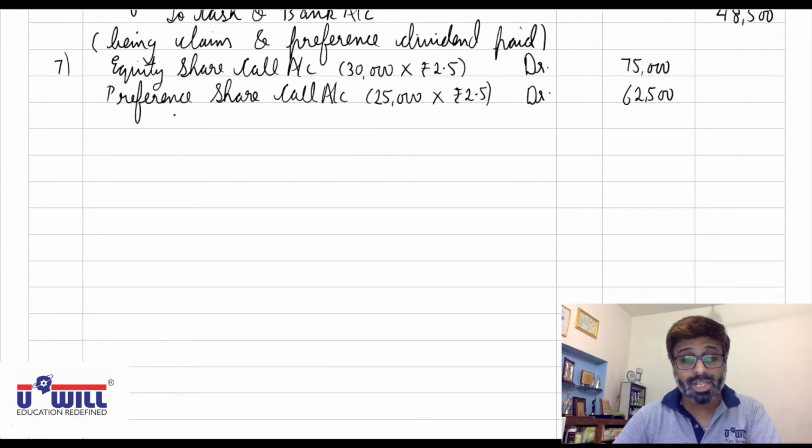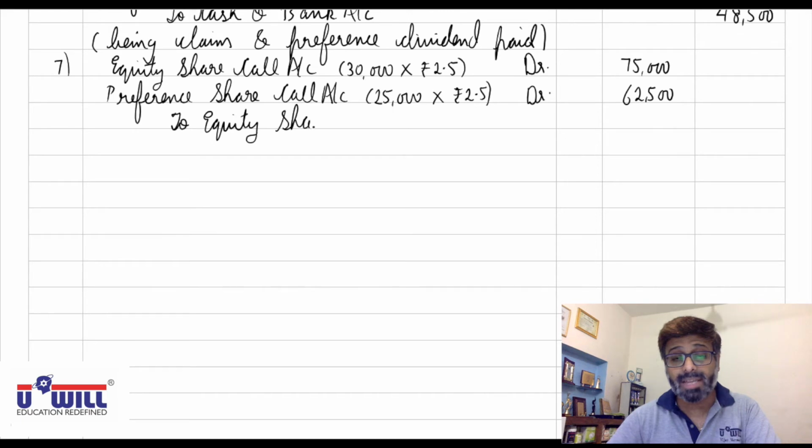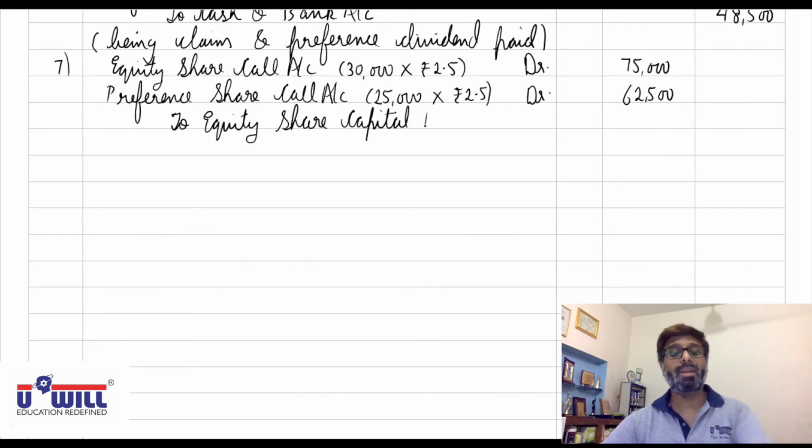To equity share capital account, you all must remember this entry we have studied in SY BCom. We have studied it earlier in 12th standard also. Share call account debit to share capital account when the call money becomes due. So equity share capital account 75,000. To preference share capital account 8%, right? Yeah, 8%.